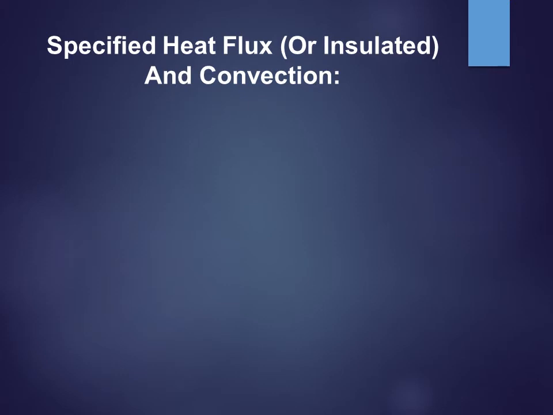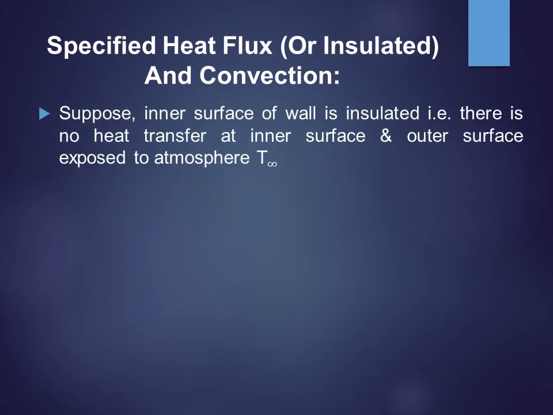Next boundary condition is specified heat flux or insulated, and convection boundary condition. Suppose the inner surface of the wall is insulated, that is there is no heat transfer at the inner surface, and the outer surface is exposed to atmospheric temperature T infinity.